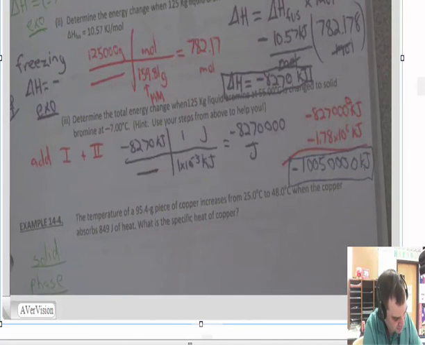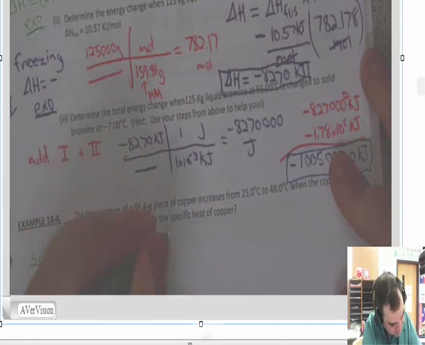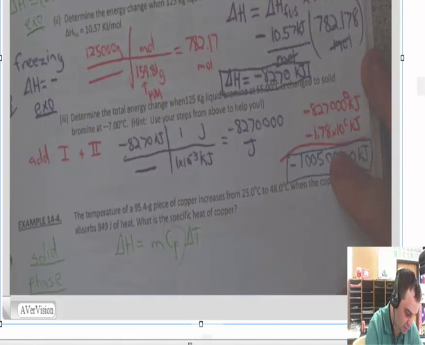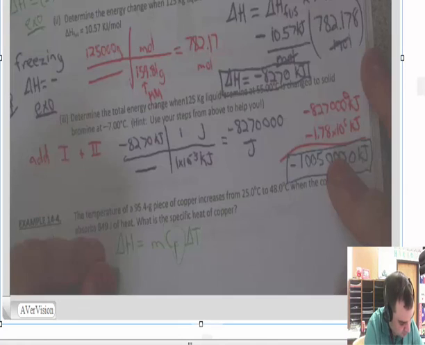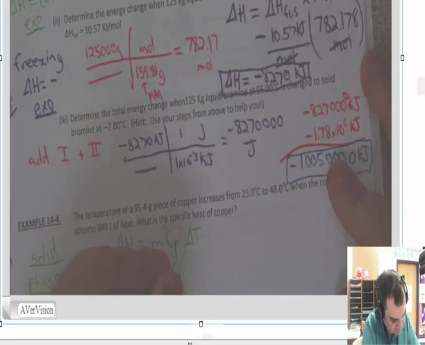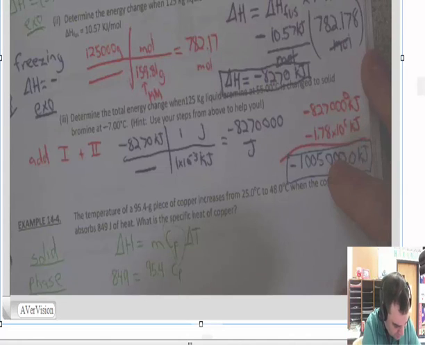So here we're going to use delta H equals mCp delta T. We're looking for the Cp. So what we can do here is put in 849 joules. The mass is in grams, so I can use that 95.4, Cp. 48 minus 25 is 23 degrees Celsius.